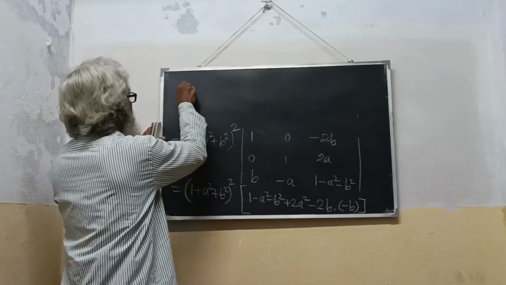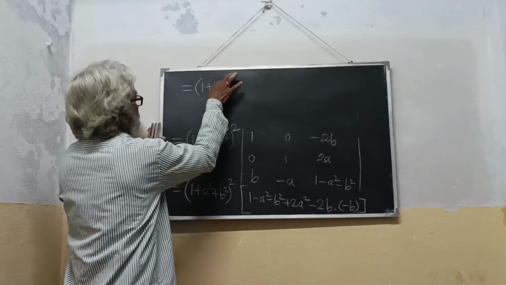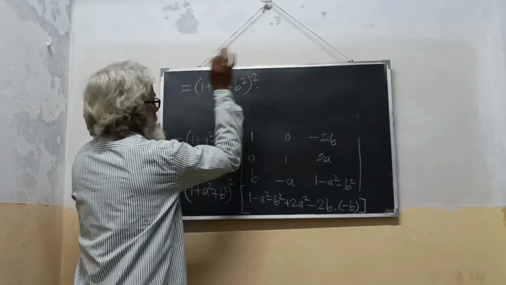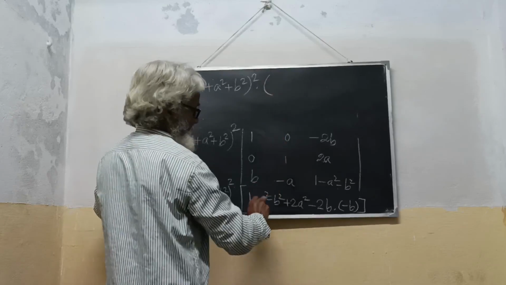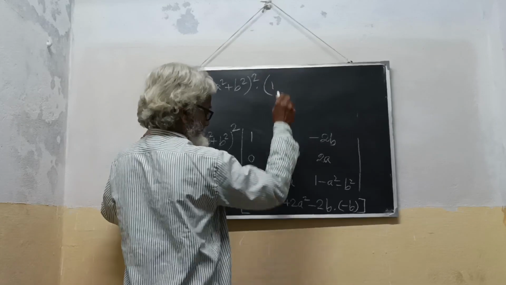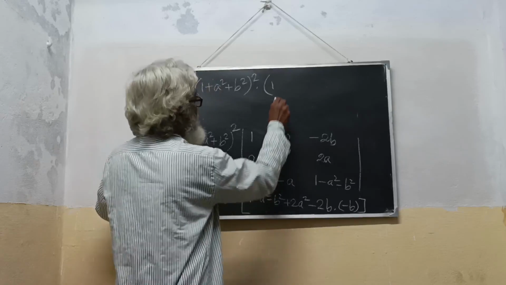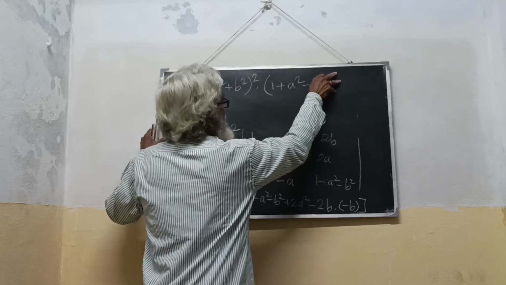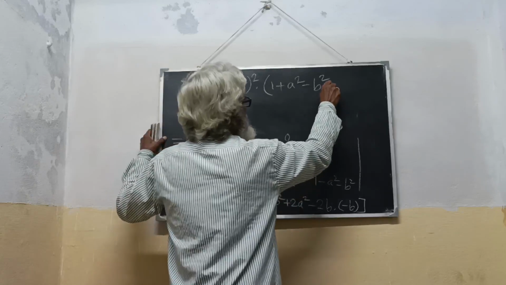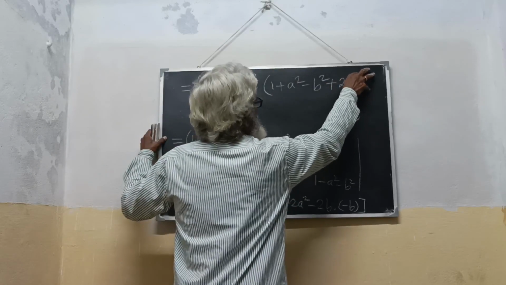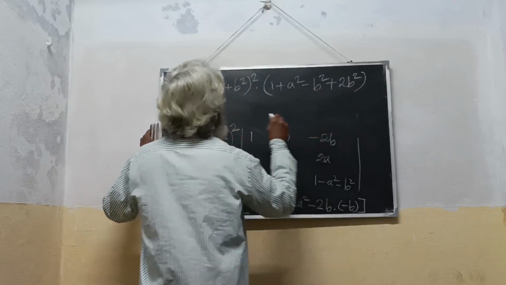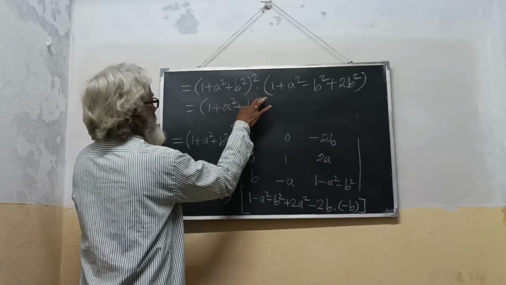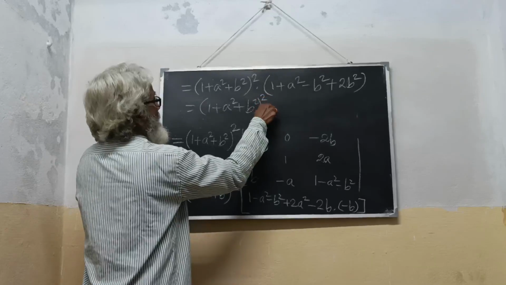This will equal to 1 plus a square plus b square whole square. What's the result in this bracket? 1. This will give you plus a square minus b square, and this is plus 2b square. Then 1 plus a square plus b square whole square.